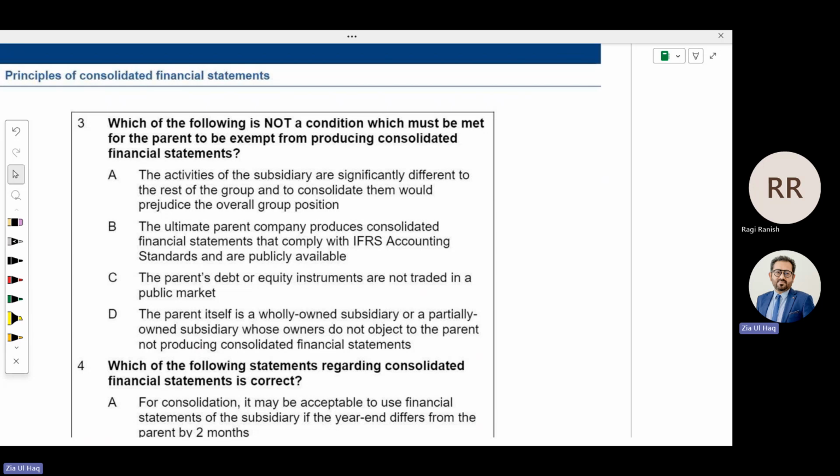The ultimate parent company produces consolidated statements, through this you can be excluded from consolidation. The parent's debt or equity instruments are not traded in a public market. Yes. The parent itself is a wholly owned or partly owned subsidiary of another entity which is preparing consolidated financial statements. So ultimately, this is not a proper reason for exclusion from consolidation.